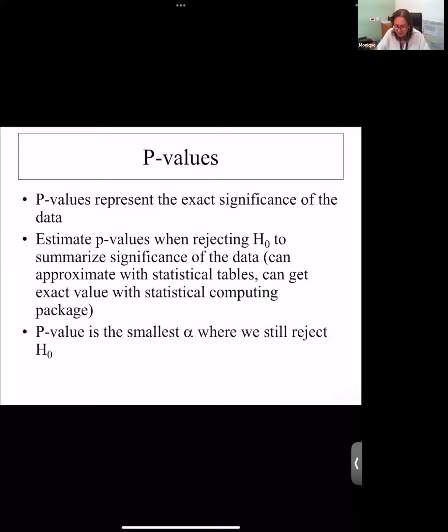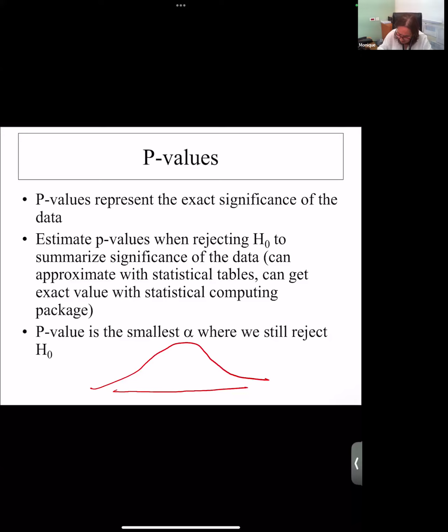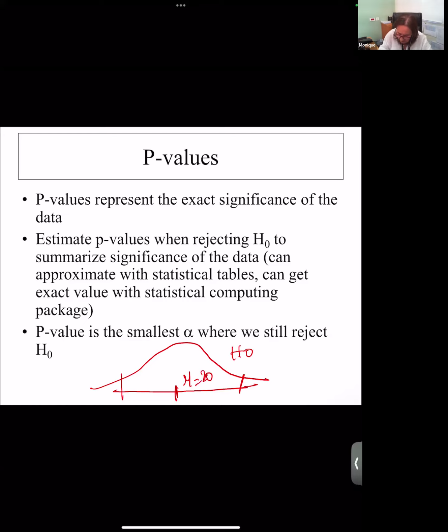So what are those p-values? If I draw here, this is H0, all of it is H0, the mu is 20, okay? And I decide that any value here, so I will put it as, you remember the 95% confidence interval?